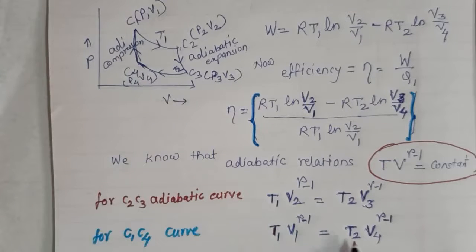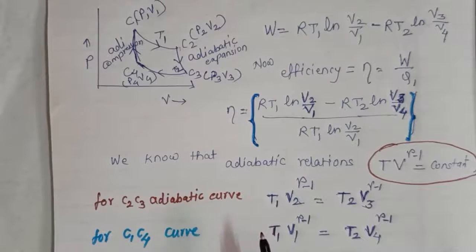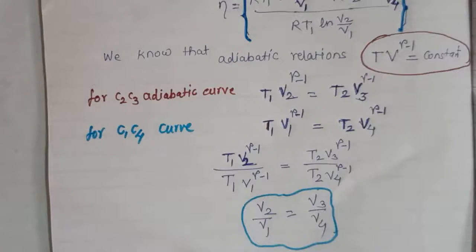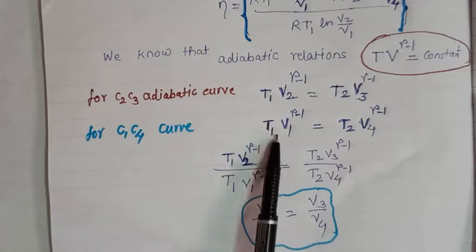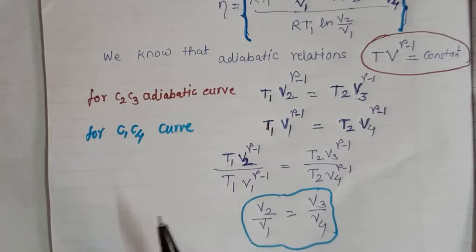Now divide this equation by this equation. We get on simplification V2 upon V1 is equal to V3 upon V4.